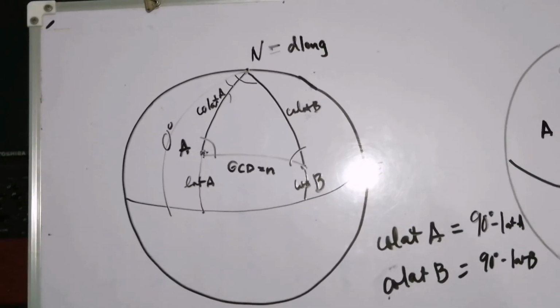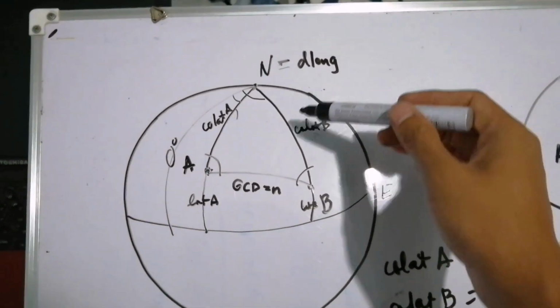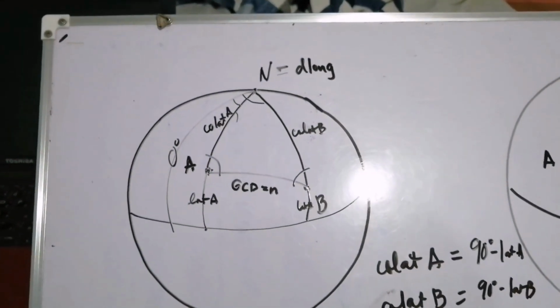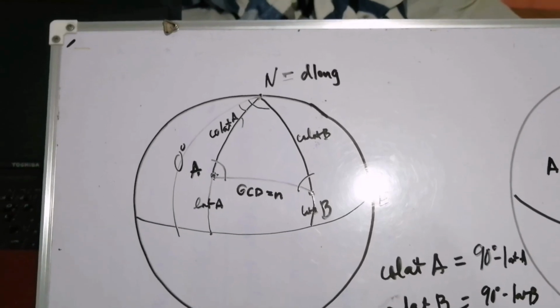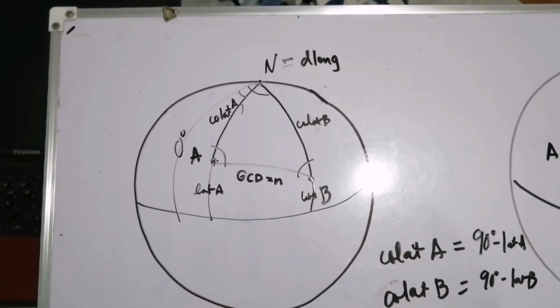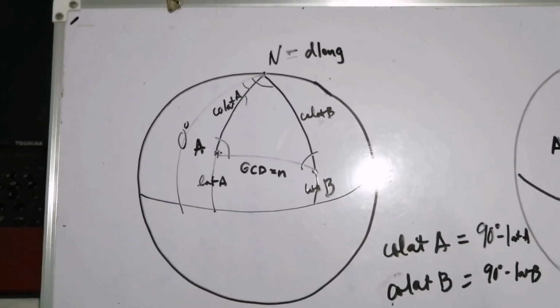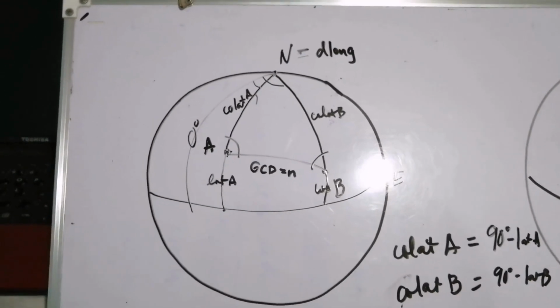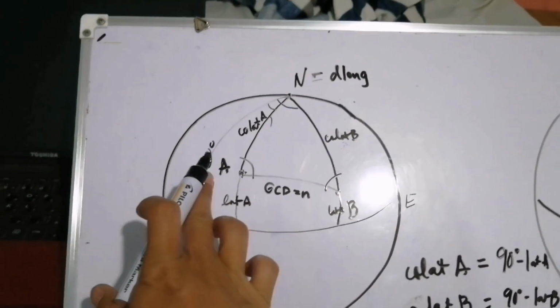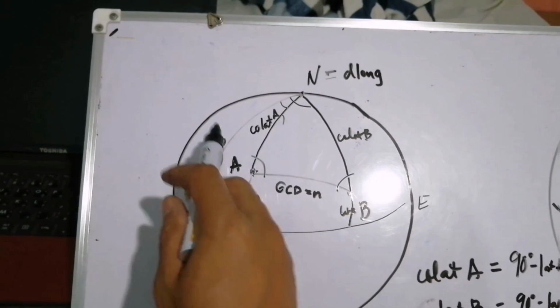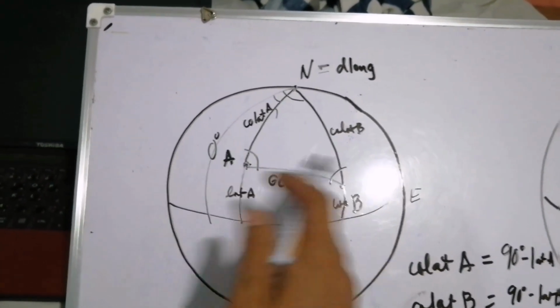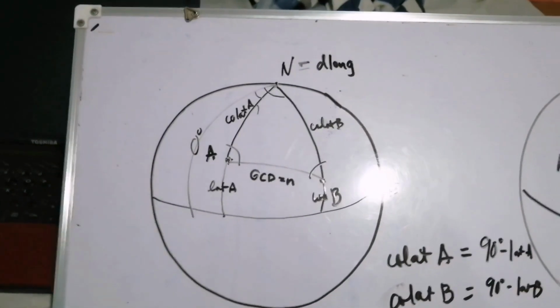Now next, how about the D-long? Again, we have to consider the positions of your points A and B with respect to whether they are both on the right hemisphere or on the left hemisphere from the primary region, so it goes to the right or eastward, or to the left, which is westward.